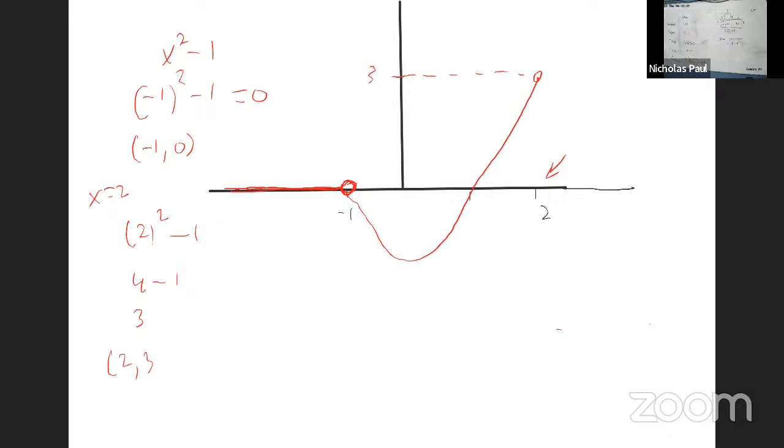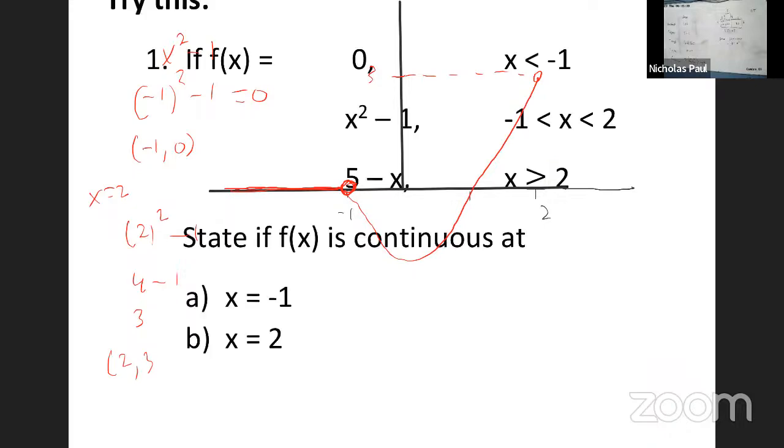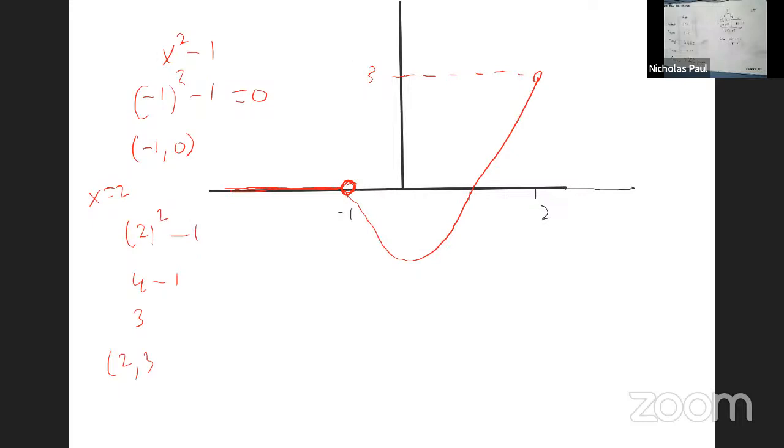Right, now for the last part, I want you to figure it out. x is more than 2, 5 minus x. Is it a straight line or curve? 5 minus x is a straight line, right?